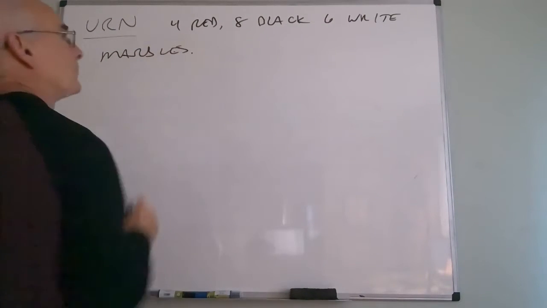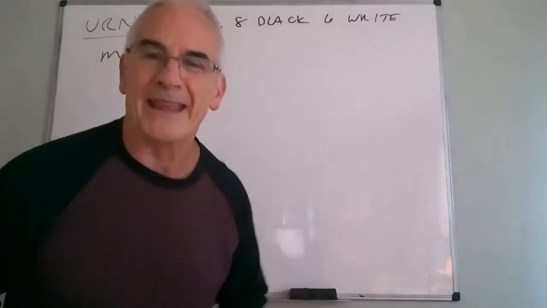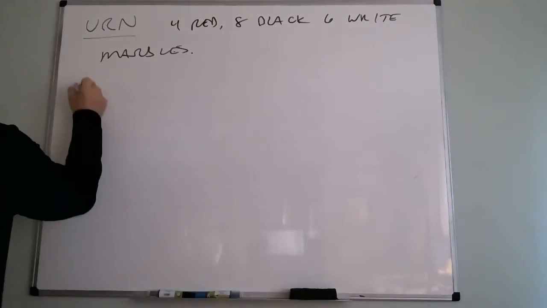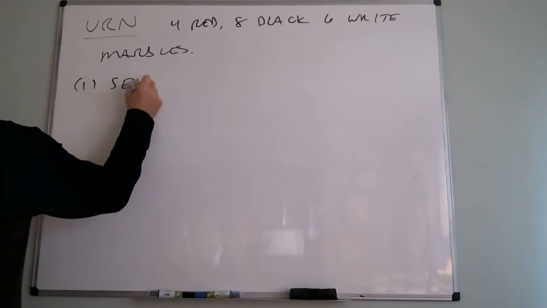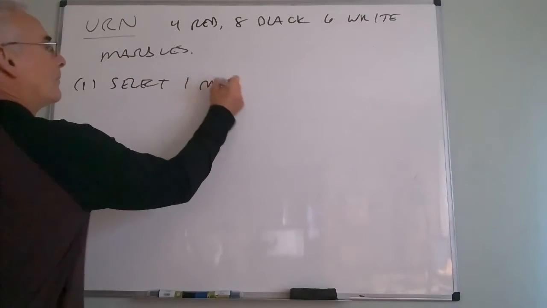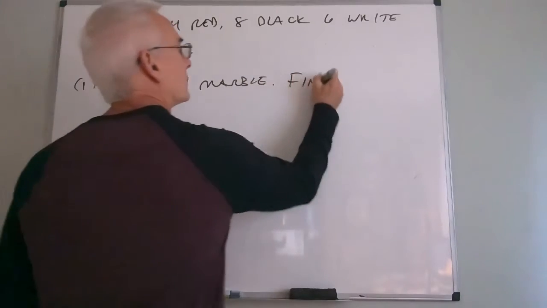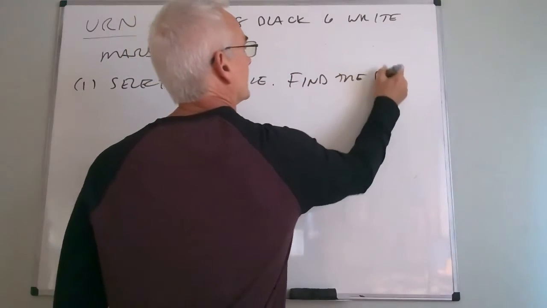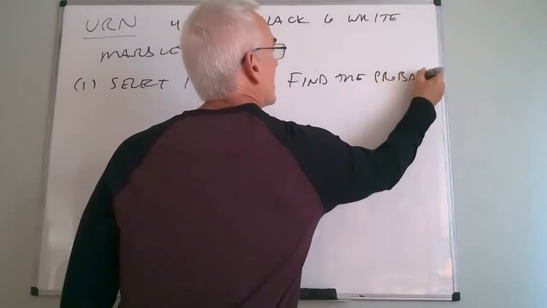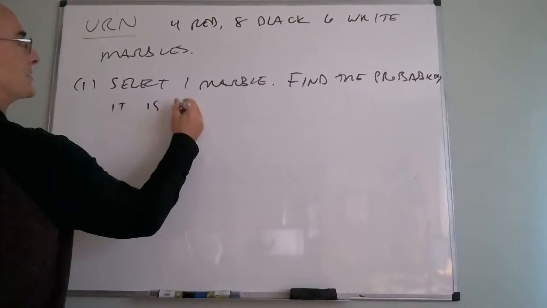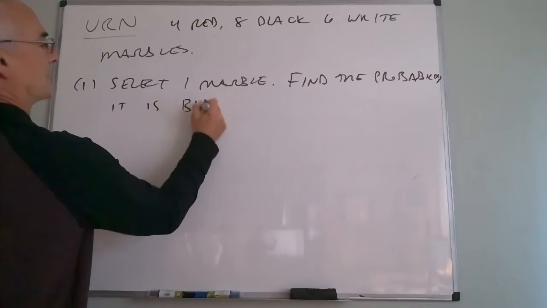Now, they're all mixed. You can't see them. You're going to reach your hand in and select 1 marble. Find the probability it is black. Let's start simply.